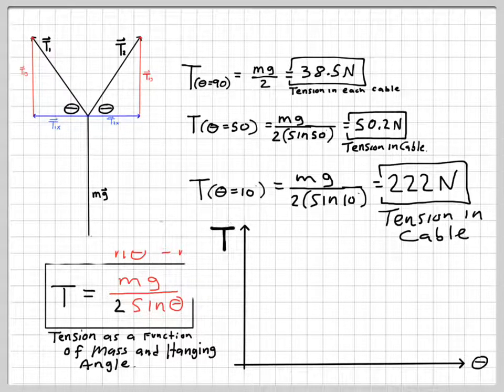I just want the magnitude of the tension, I don't care which way it points, how much tension. And then I guess 0 degrees will be there, maybe say 90 will be here. And what I'm expecting at 90 degrees is that we don't get 0 tension, we get just mg over 2.